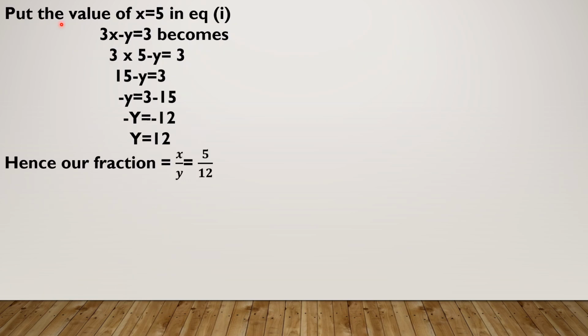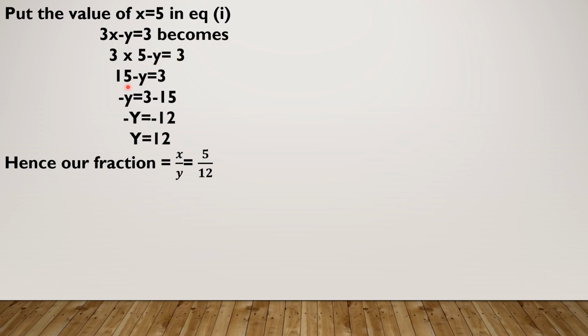So here put the value of x equals 5 in equation number first. When we solved the previous equation, we got the value of x equal to 5. On putting x equals 5 in equation number first, which is 3x minus y equals 3, the equation becomes 3 multiply 5 minus y equals 3.